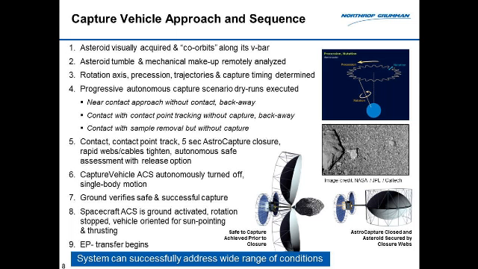So you want to make sure that you understand what that rotation rate is, and then you can do your timing. So we have our 3 autonomous captures where we increase our confidence level, and then we come in and actually do the contact and turn the ACS off, like I said.